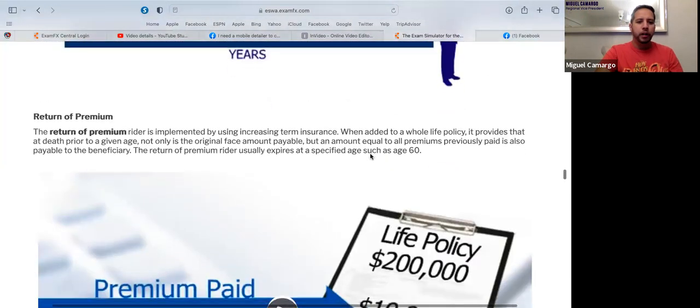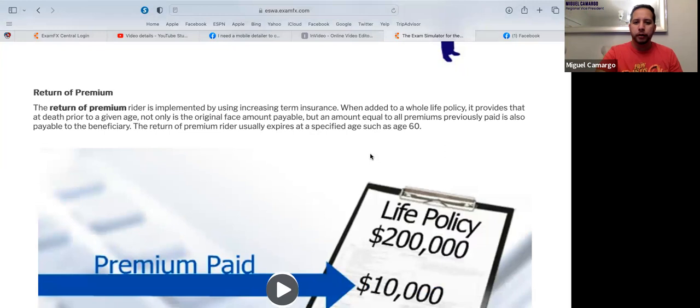All right. Let's talk about the return of premium rider. We talked about return of premium as a type of term insurance in chapter 1 or chapter 2. The return of premium rider, Nancy, is a rider that you can add on.